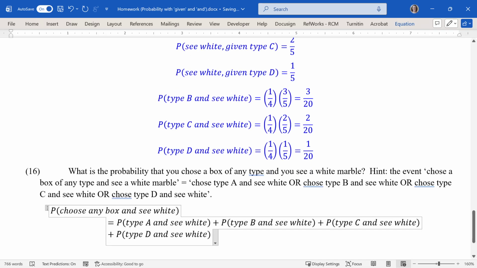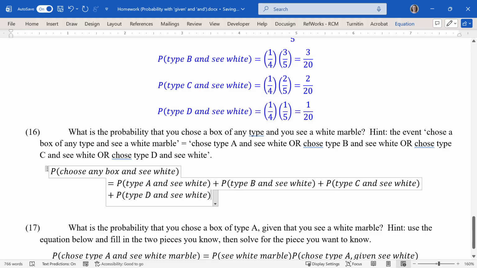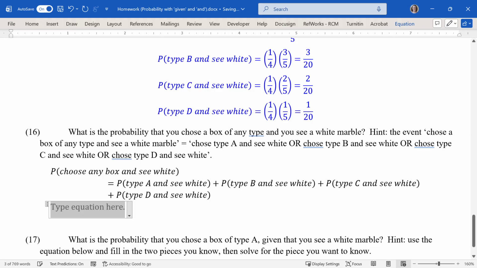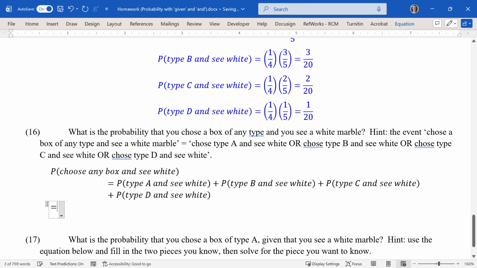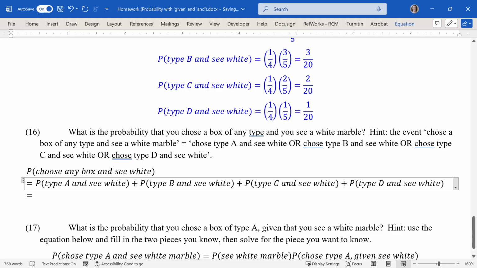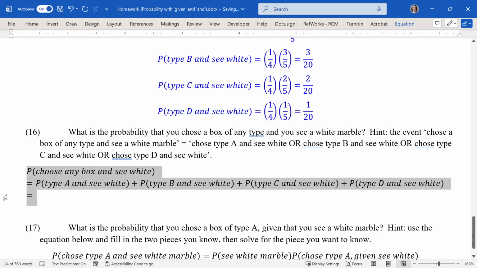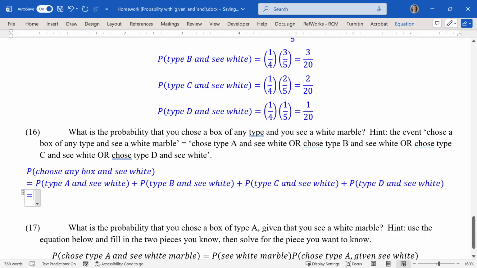Okay, so these are the 4 ways that we can choose any box and see white. And we do not need to worry about subtracting any overlaps here because these are mutually exclusive events, so only one of them can happen.